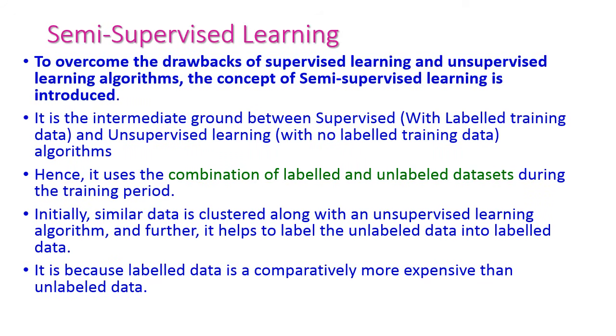Semi-supervised learning. This is another important learning methodology to overcome the drawbacks of supervised learning and unsupervised learning algorithms. Right, here the semi-supervised method lies between the supervised learning method and the unsupervised learning method. That means it uses a combination of labeled data set and unlabeled data set for training the model.